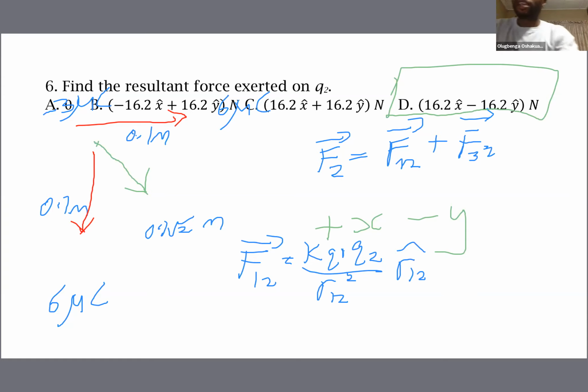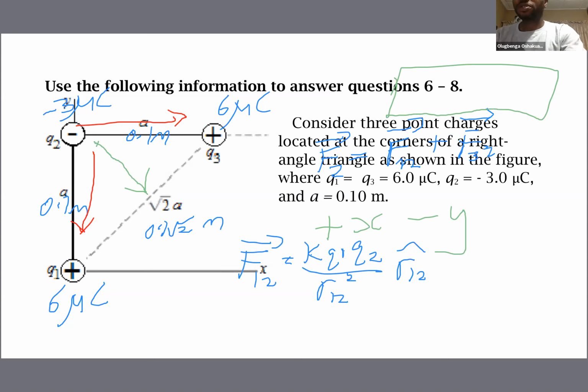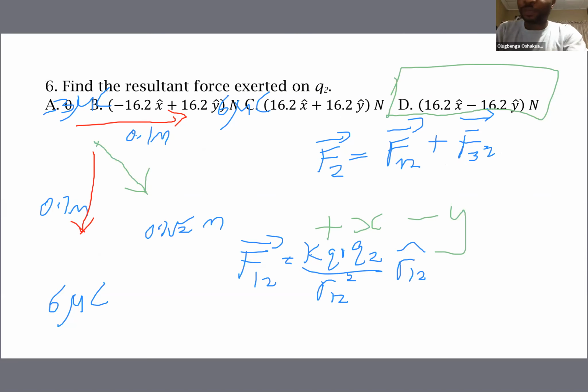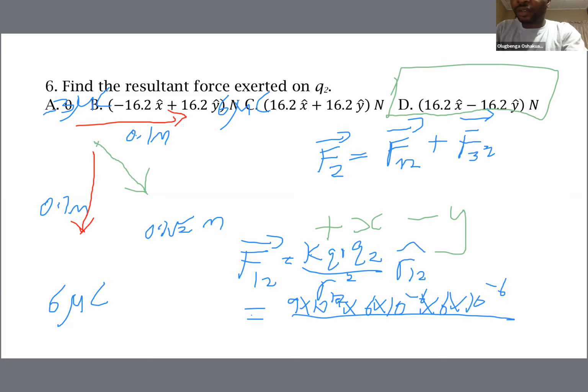So when you substitute K with 9 times 10 raised to the power 9, and you substitute Q1 with 6 microcoulomb, and you substitute Q2 with another 6 microcoulomb, then we should expect our expression to be of the form 9 times 10 raised to the power 9 times 6 times 10 raised to the power minus 6 times 6 times 10 raised to the power minus 6 divided by R squared.